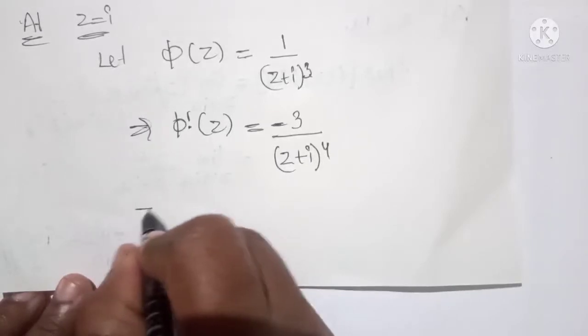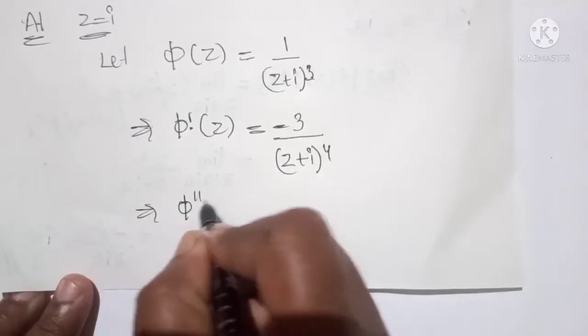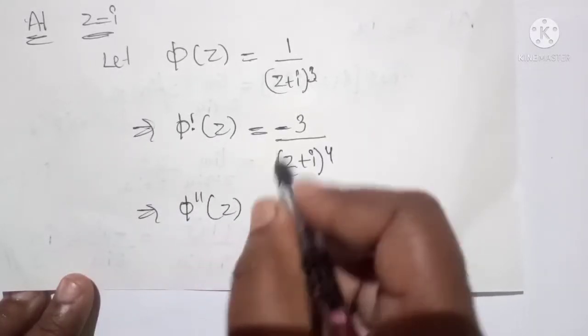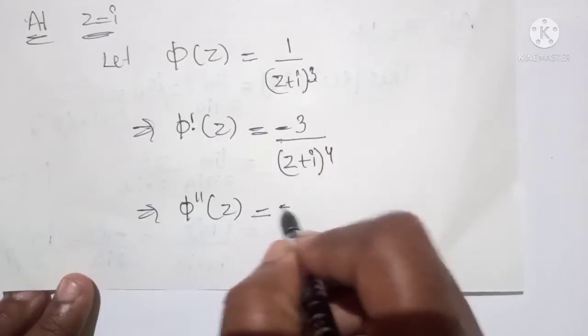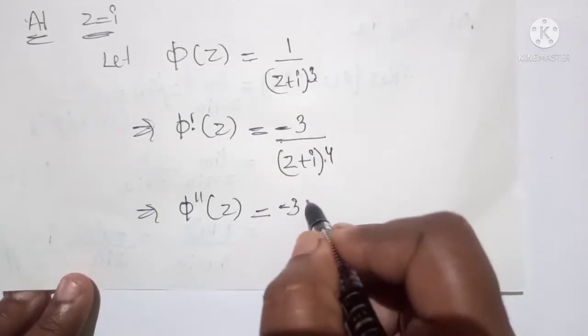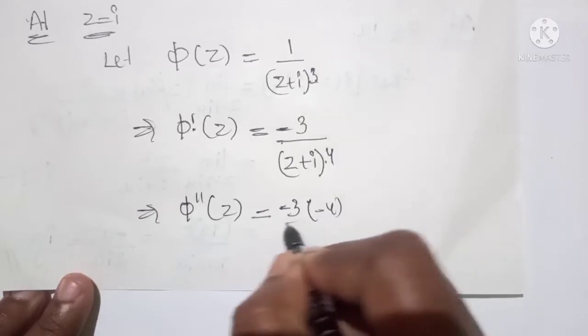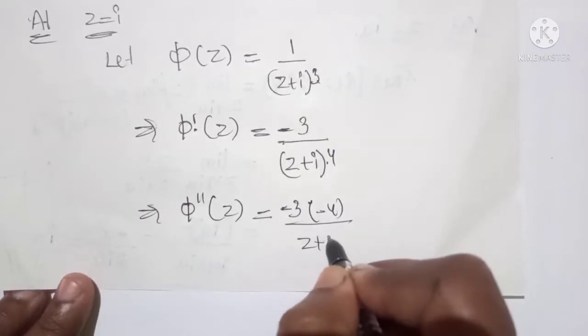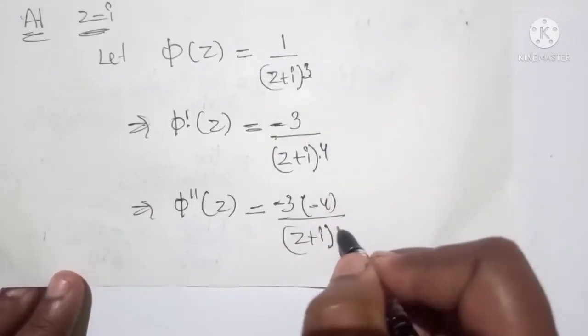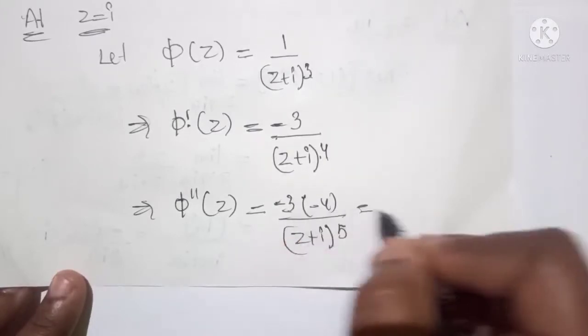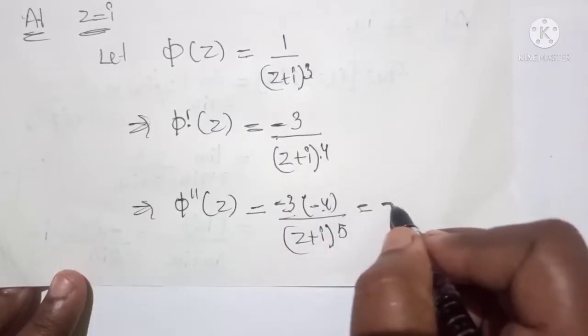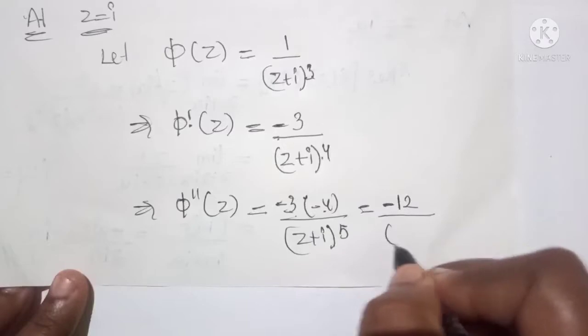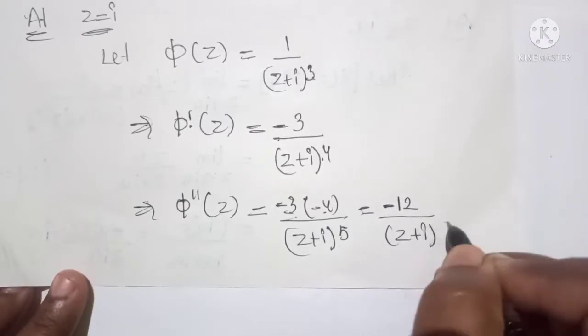Similarly phi double dash of z, double differentiating, minus 3 being constant, equals minus 3 into minus 4 divided by (z plus i) power 5, which is 12 divided by (z plus i) power 5.